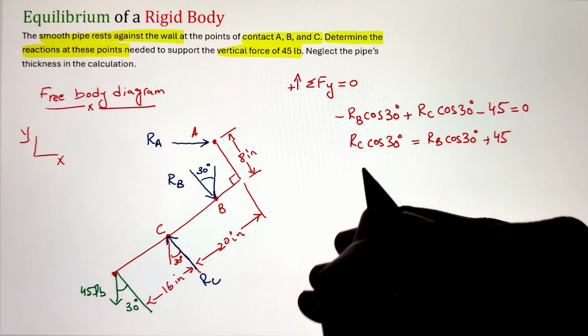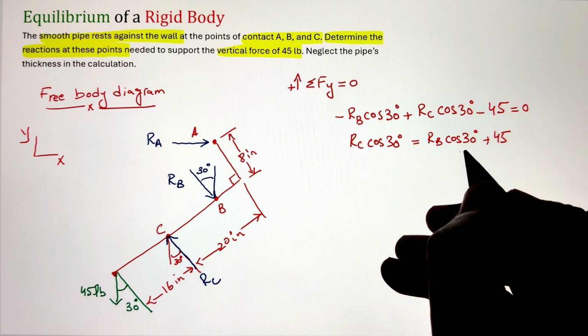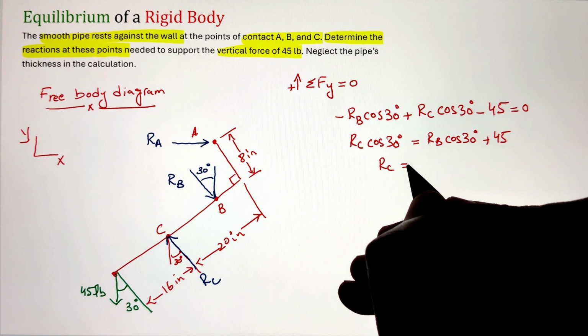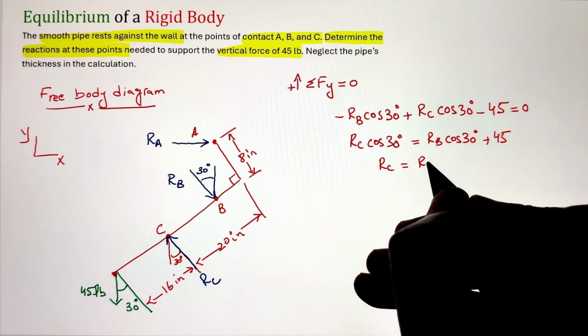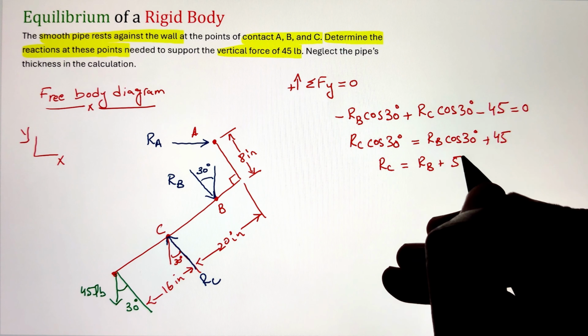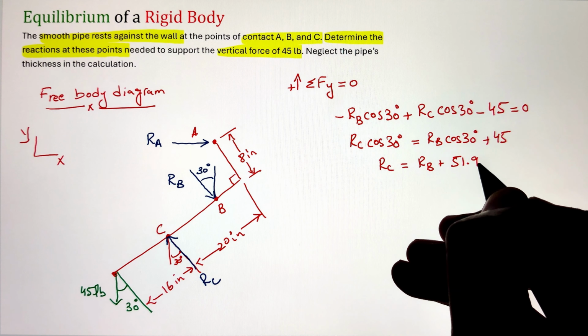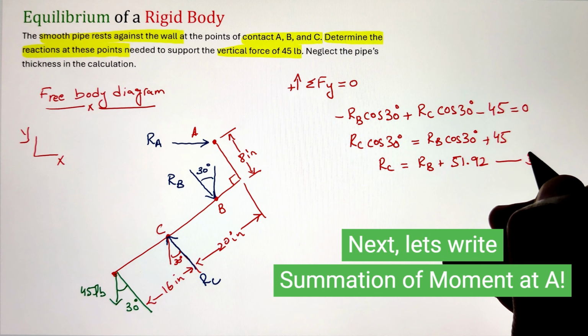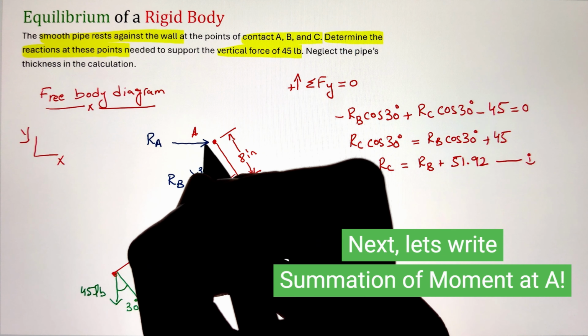Again, taking a cos 30 function is going to project it along the y-axis. But this time, the arrow is pointing upwards, that's why it is taken as positive. Next, we have our external force of 45 pounds acting downward. Simplifying, we can figure out a relationship between Rc and Rb given as equation 1 here.